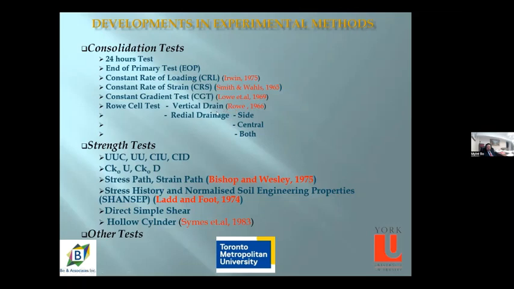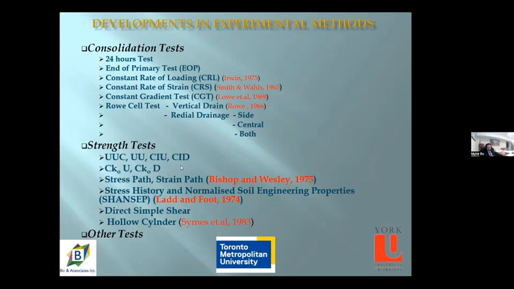Consolidation nowadays not only relies on vertical flow, it also relies on radial drainage, especially in soil improvement methods using prefabricated vertical drains. So they also developed the Rowe cell test, which can carry out consolidation tests with a central drain and peripheral drain.